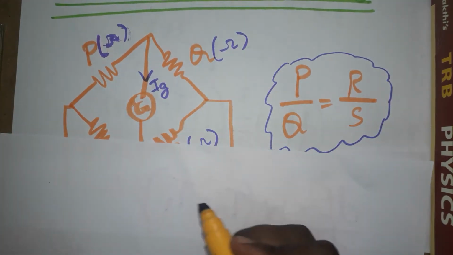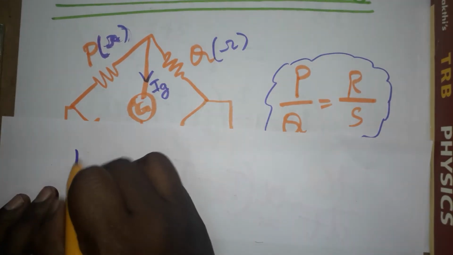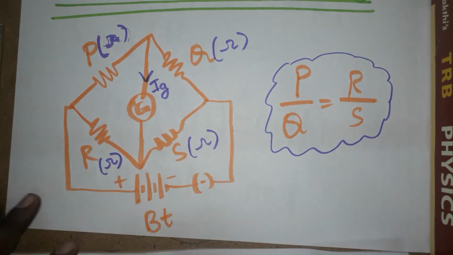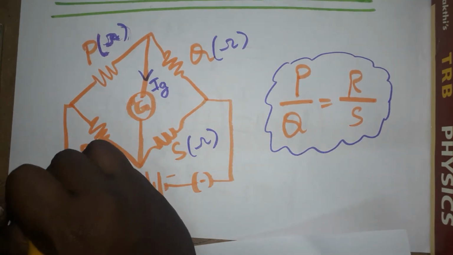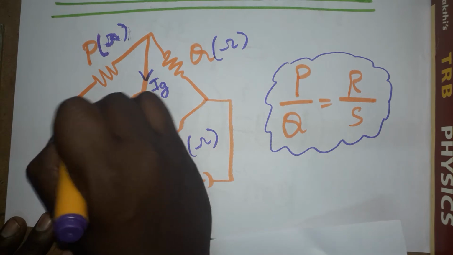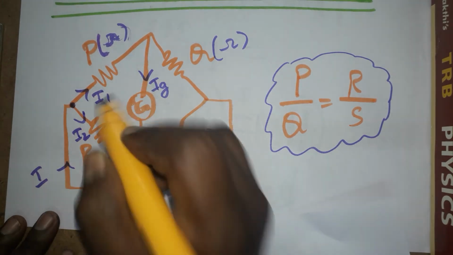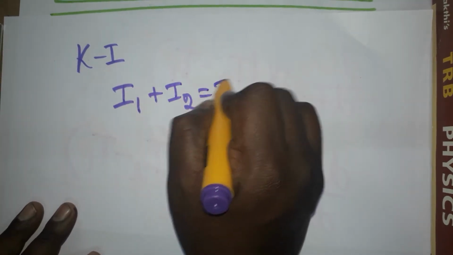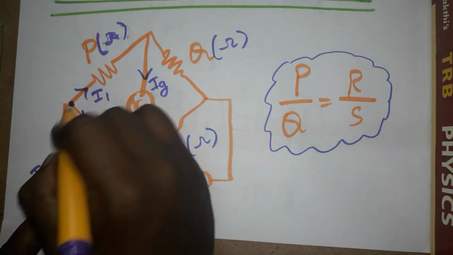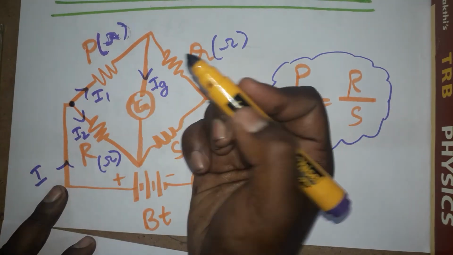I am using Kirchhoff's laws. First, Kirchhoff's first law. From the battery, current I is coming. At this junction, I1 current flows on this side and I2 current flows on this side. The algebraic sum of all the currents at a particular junction will be 0.